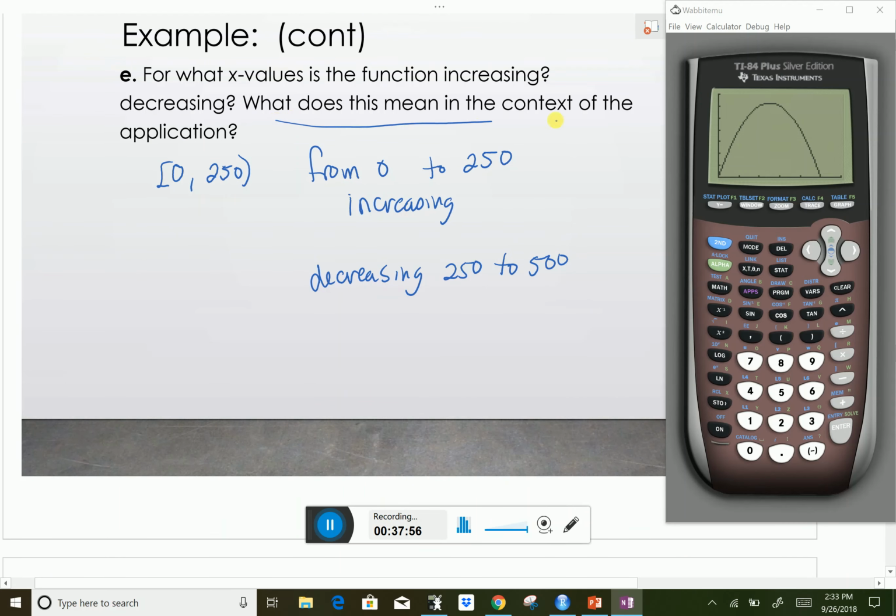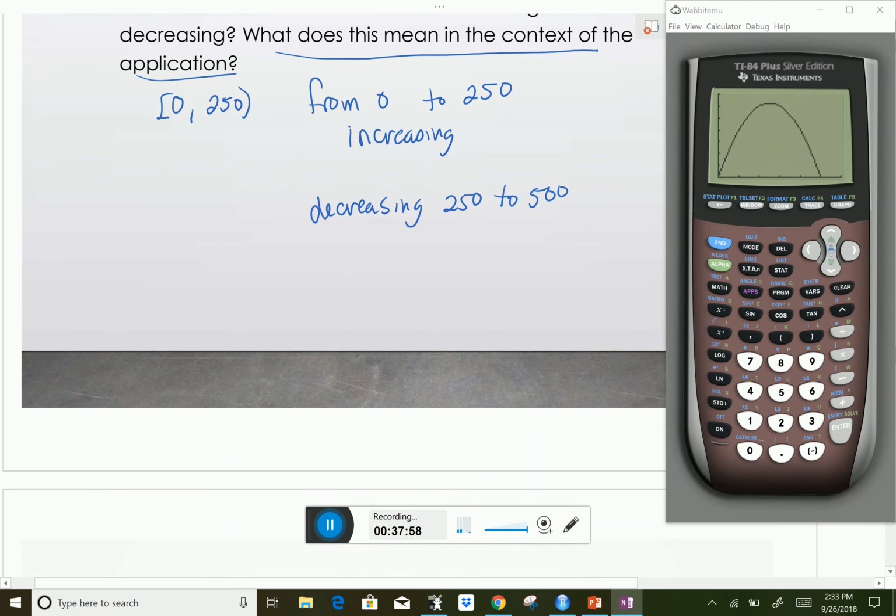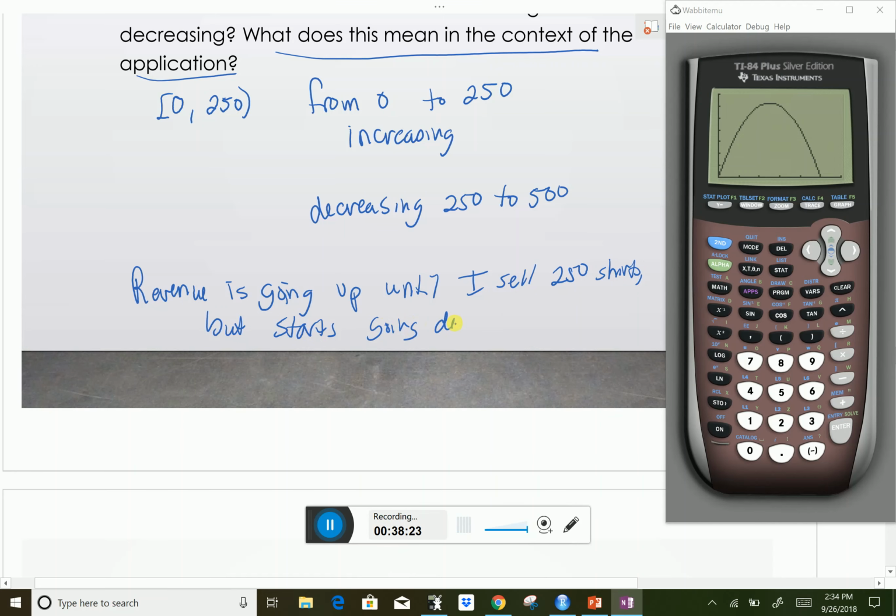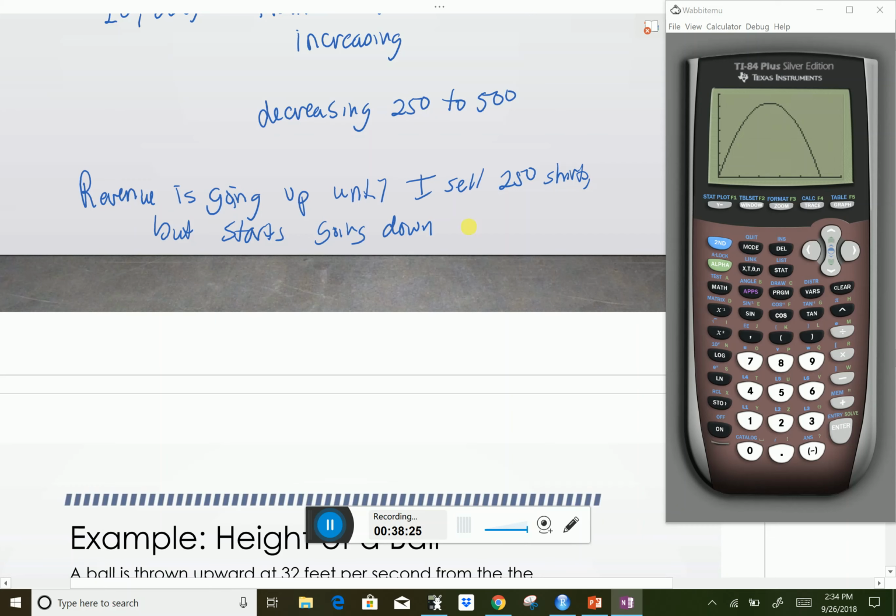So what does this mean in the context of this application? That means my revenue is going up until I sell 250 shirts, but starts going down after that.